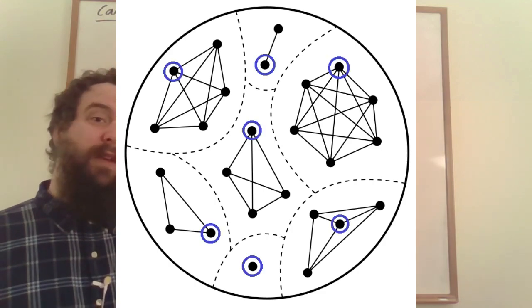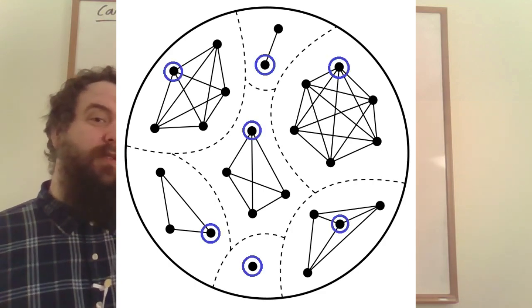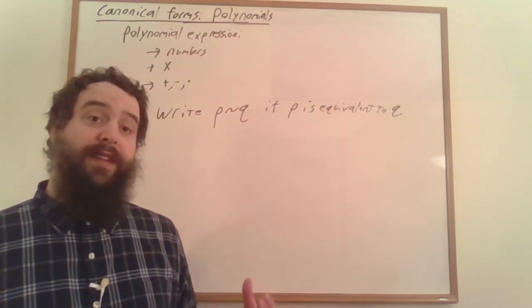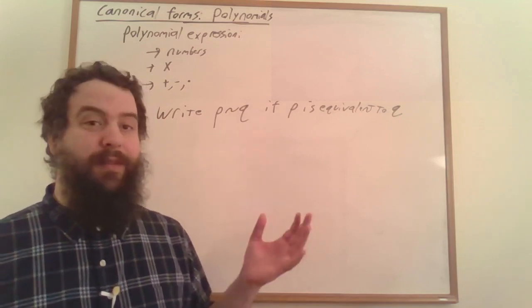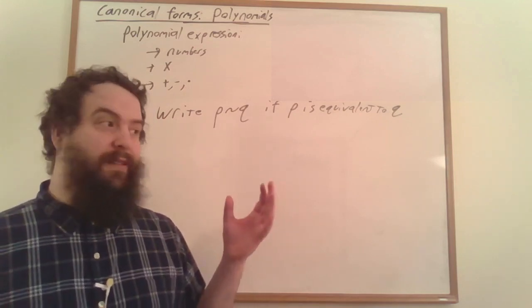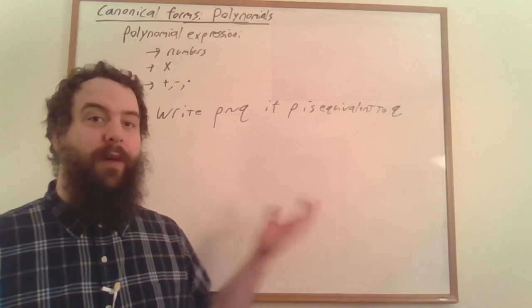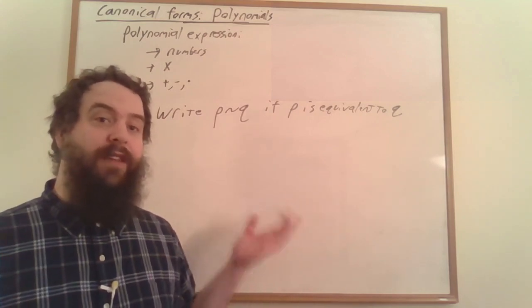And we're going to want to pick out a single representative from within each polynomial equivalence class. That representative is going to be called a canonical form, and it's going to be exactly what you expect it to be. It's going to be just the polynomial that all of the expressions within this class represent.